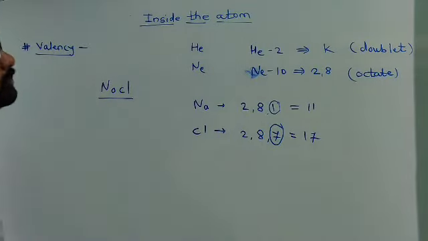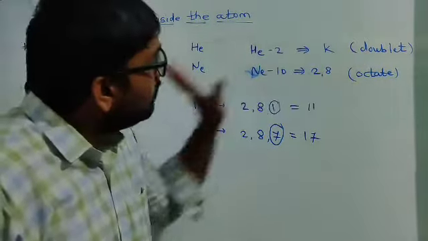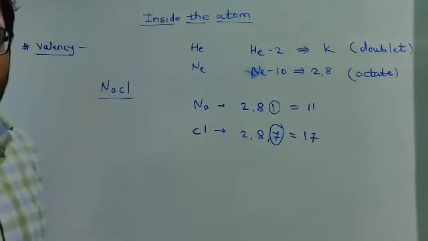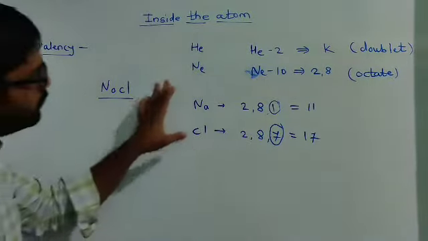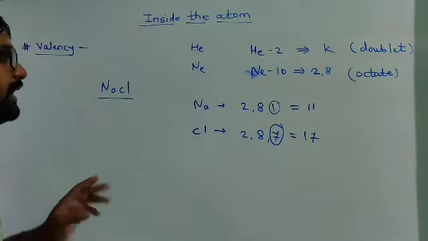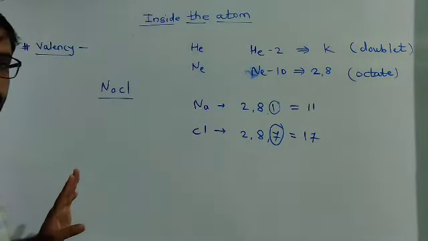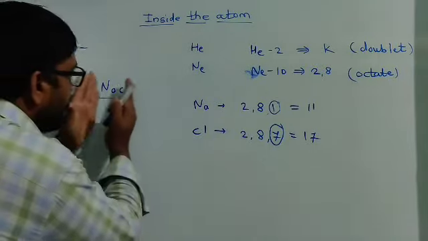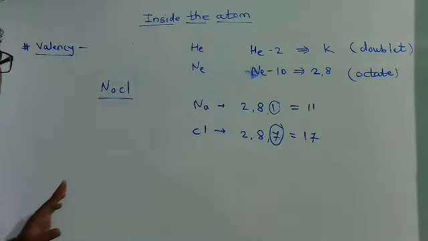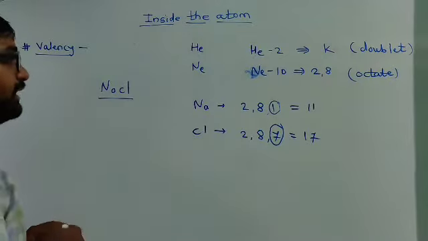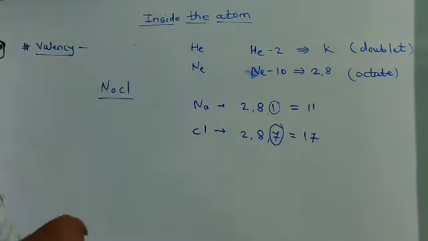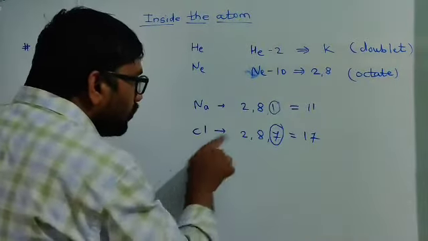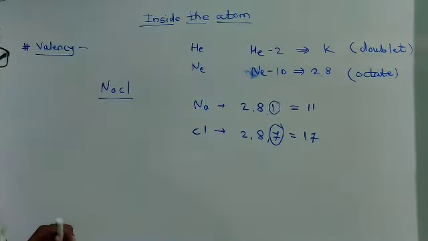So here the doublet or octet is not complete. Sodium and chlorine complete their octet when these two atoms combine with each other, then one ionic bond is formed between them, and this electron goes towards the chlorine.